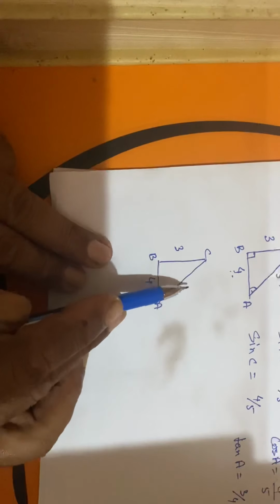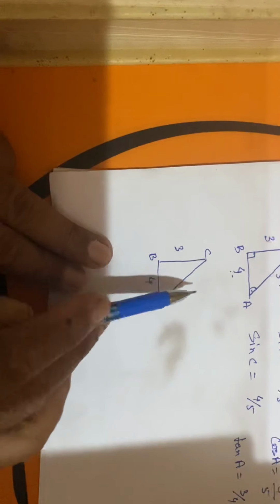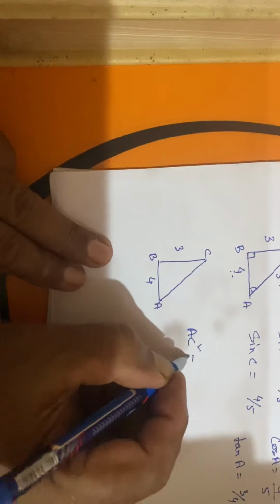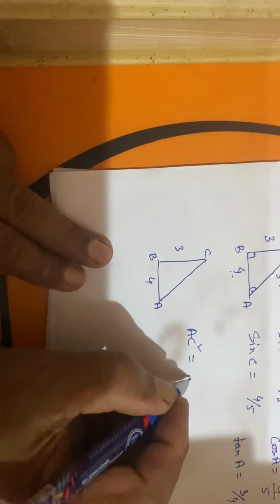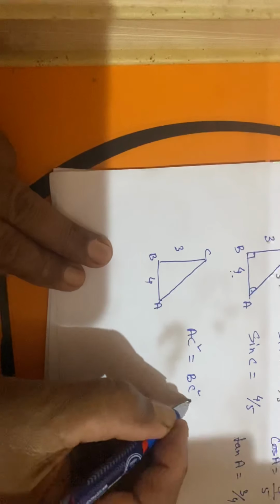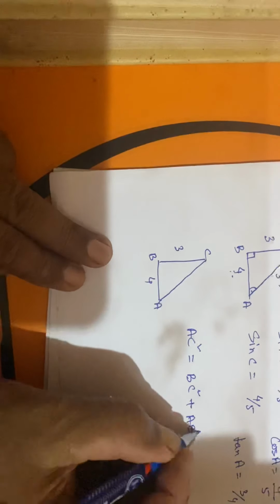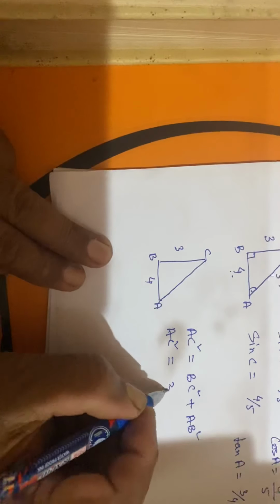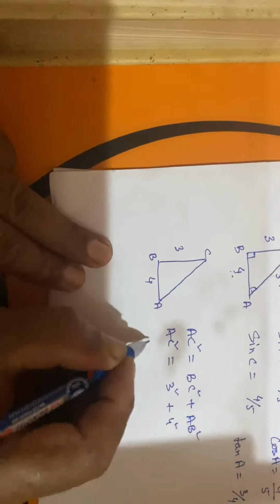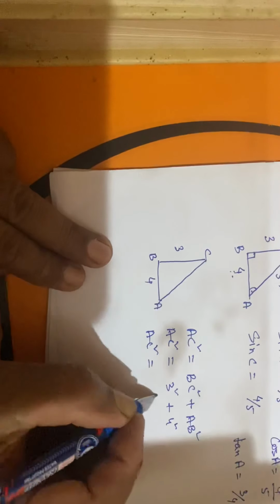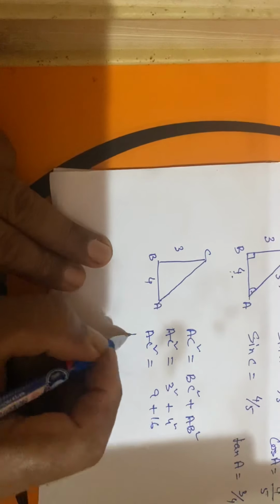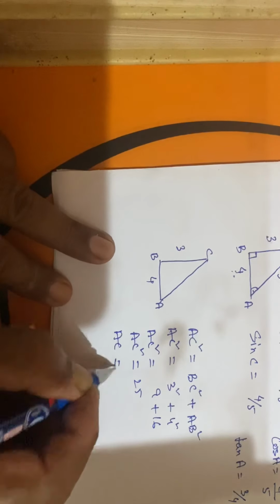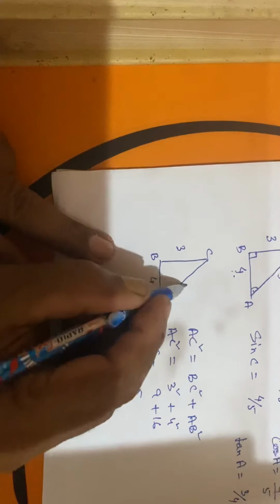So you can apply the Pythagoras theorem to find AC, the unknown side. AC square is 3 square plus 4 square, so AC square will be 9 plus 16, which is 25. AC will be 5. So you got your AC.